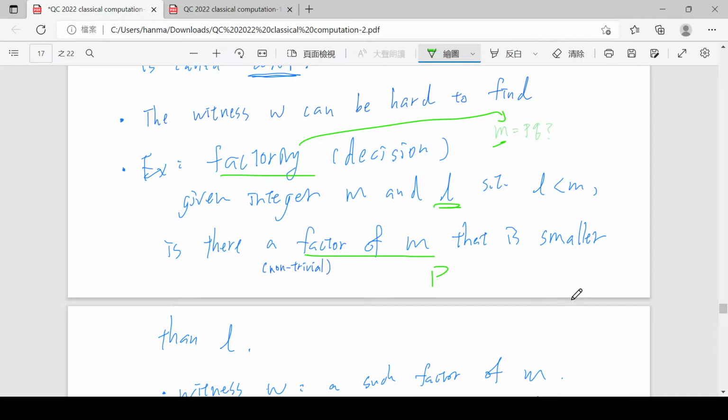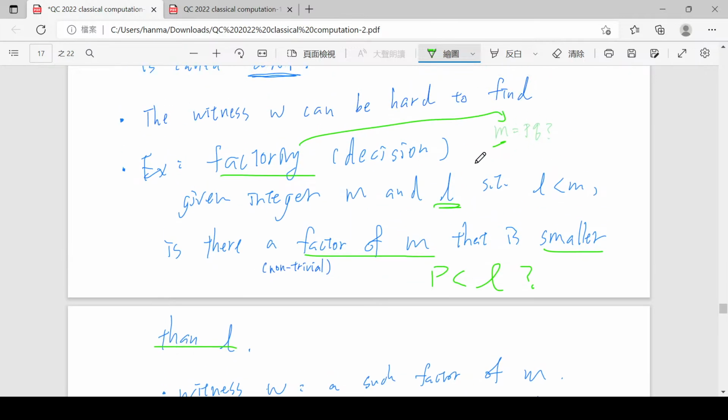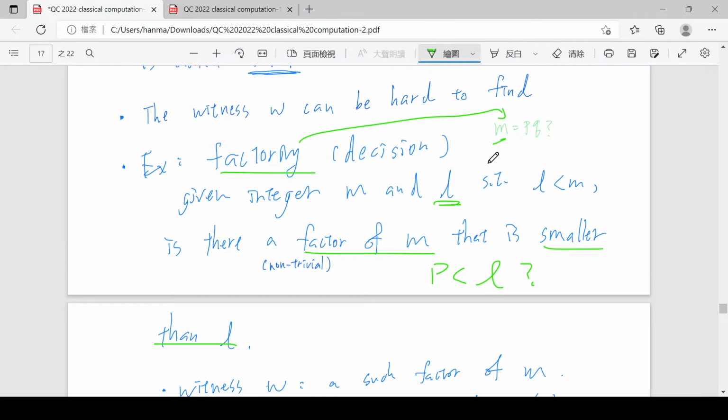And the other way around, obviously, if you can factor n, then you can get this p, and you can just check whether p is less than L. So we gave a very quick proof that the decision version is equivalent to the original computation version.